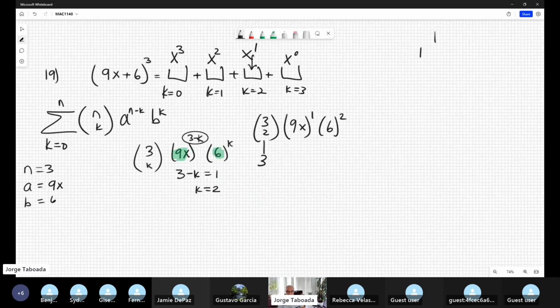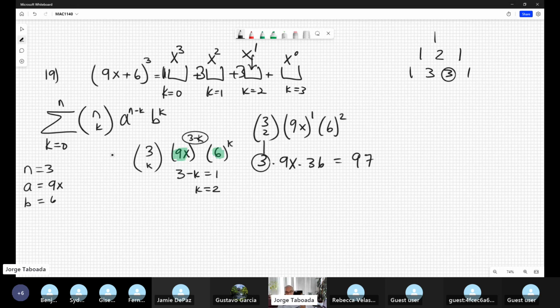Pascal is 1, 1, 2, 1, 1, 3, 3, 1. Actually, this 3 is exactly this 3. In the expansion, the coefficients are 1 here, 3 here, and 3 here. Multiplication by 9x, multiplication by 36. And the answer is 972, of course x.